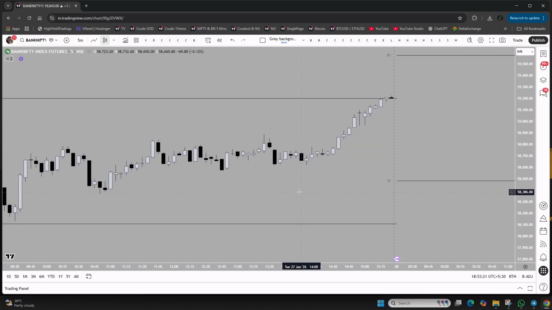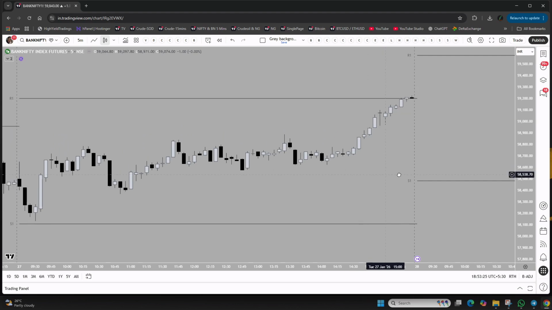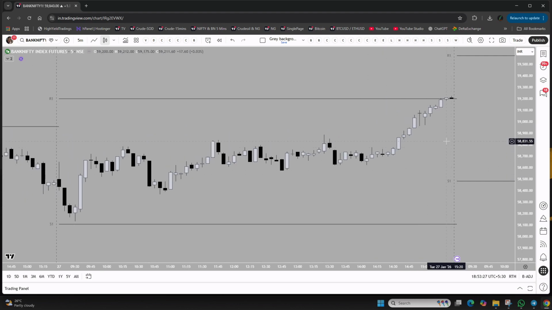You can see that the candlestick actually breached the R1 line at the end of the day. What was the time at that time? It was like 3:20. The market ends at 3:30. So 3:20 is obviously not a good time to initiate a trade for the day, right? So no trade for this day at all.